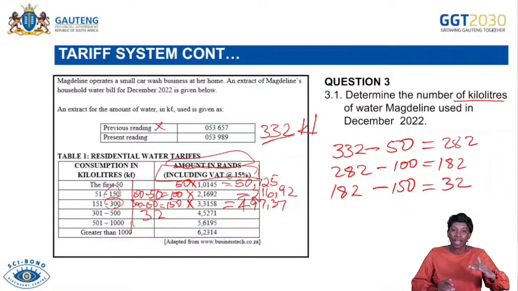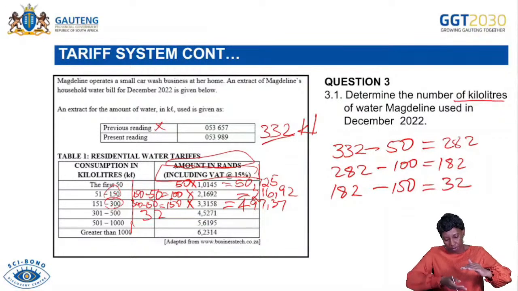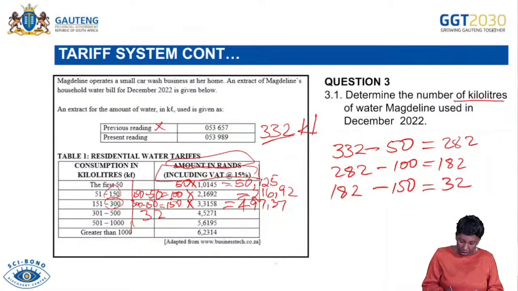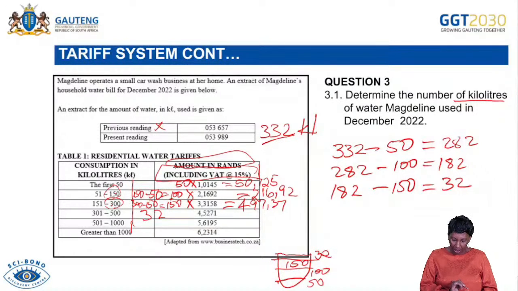So remember, when I fill the cup, it will start filling from the bottom going up. So this will be my cup. It will start filling from here. Here it will be my 50 kiloliters, and then here it will be my 100, and then here it will be my 150. For my cup to be full, I am left only with 32.